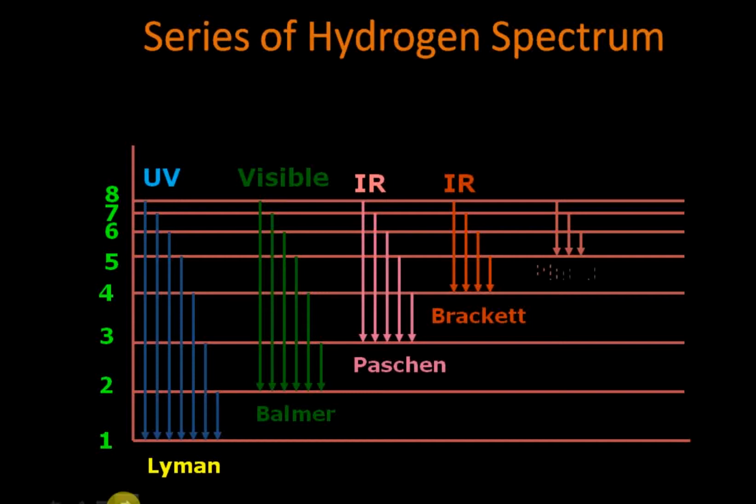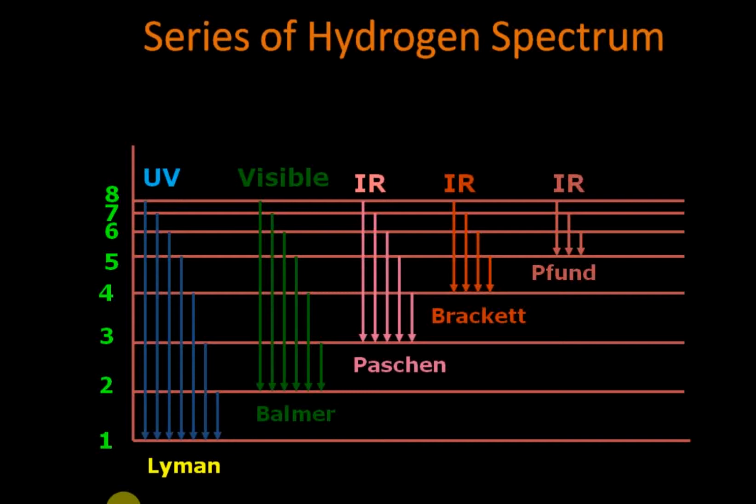When in a hydrogen atom the electrons from an excited state, from higher energy levels, come back to n equal to 2 energy level, they produce the series whose radiation falls under the visible region of light.